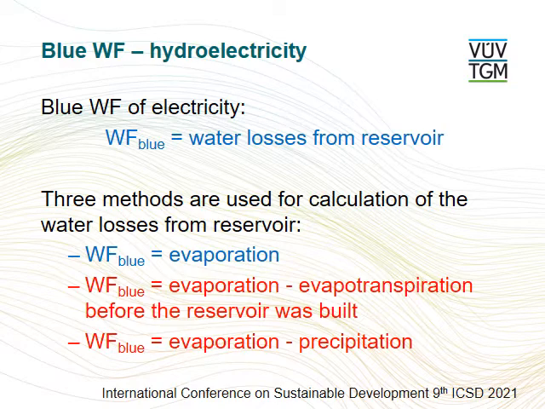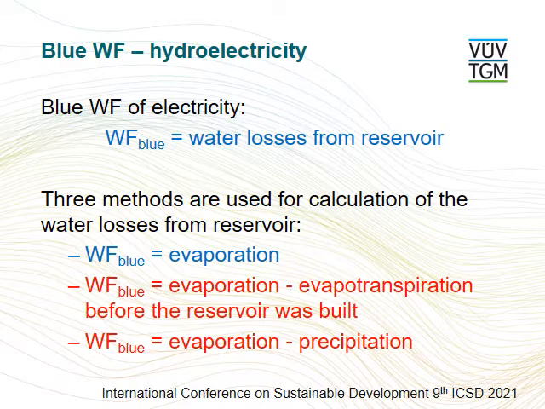The first approach contains only evaporation from the free water level. The second approach calculates water losses as evaporation minus evapotranspiration before the reservoir was built. And the last approach calculates the blue water footprint as evaporation minus precipitation.